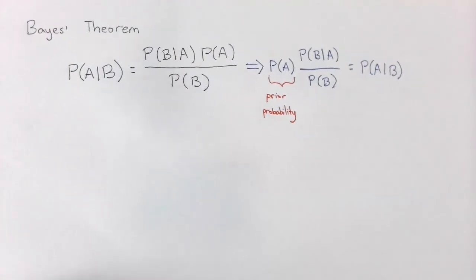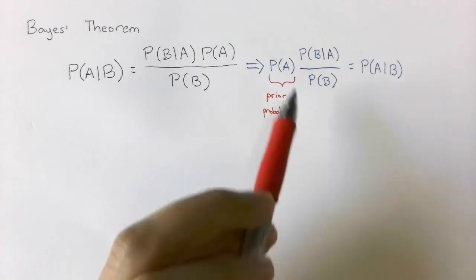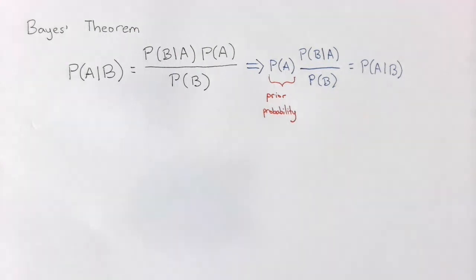In other words, the prior probability is what we know initially about the event we're trying to study. So for any event that we're trying to study, our initial knowledge is what we call the probability of A, at least from a mathematical point of view.